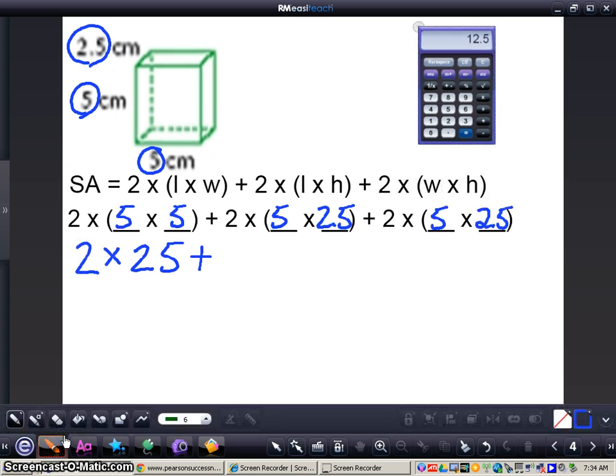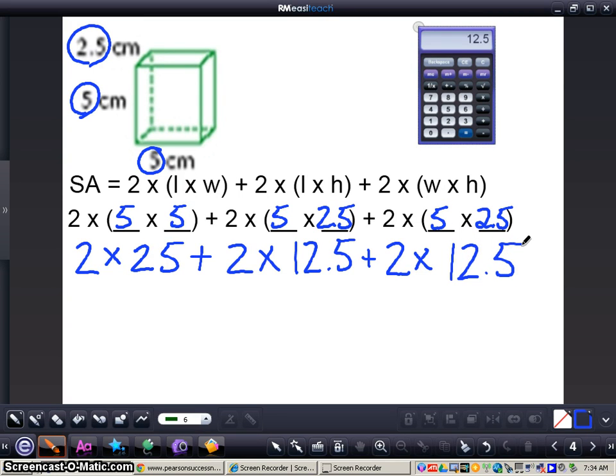So we'll write that in our problem here. 2 times 12.5 plus 2 times, now we just did 5 times 2.5 in our previous problem, so that's pretty simple. We can just rewrite the answer, 12.5. Okay, so now we have the second section of our problem written out.